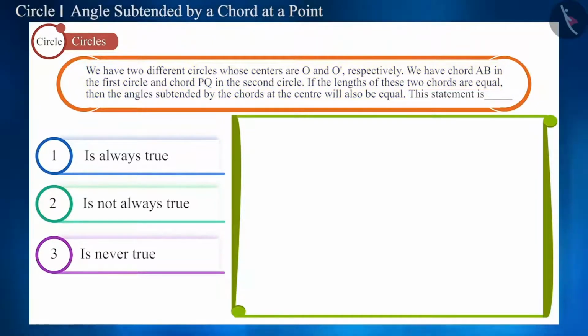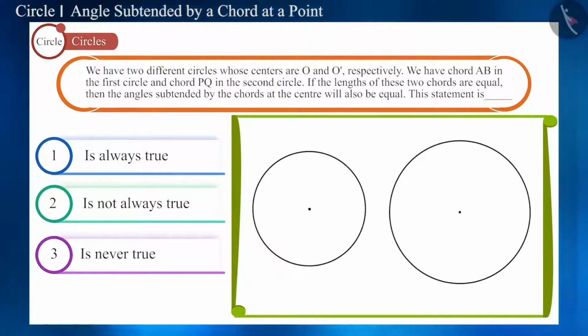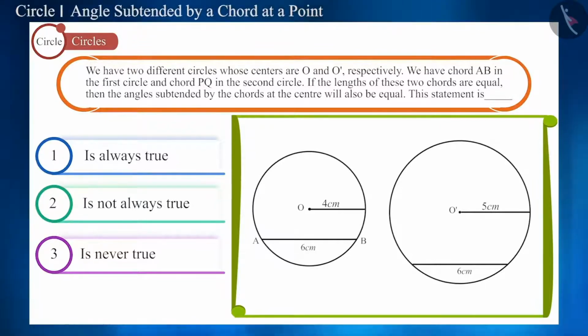Let us suppose these are two circles whose centers are O and O' respectively, and whose radii are 4 cm and 5 cm respectively. Now we will draw chords of length 6 cm in both circles. Name the chords AB and PQ respectively.